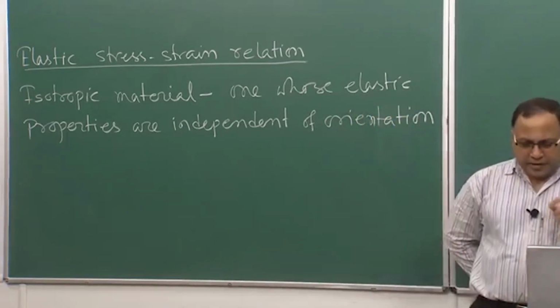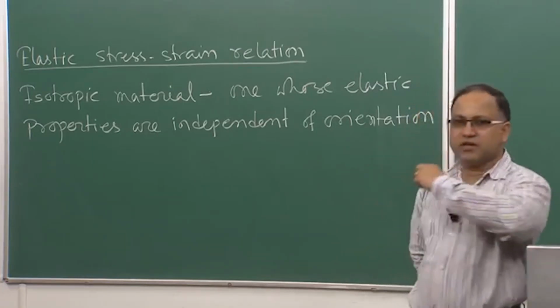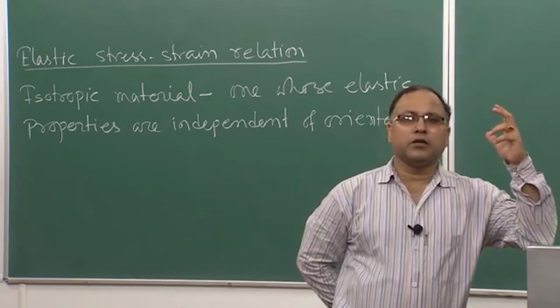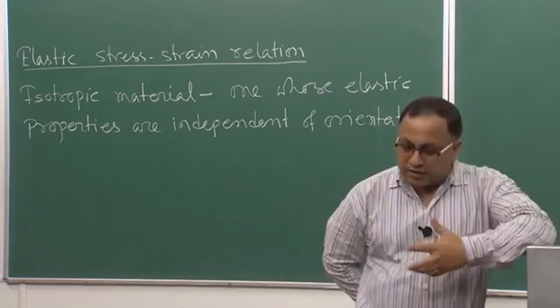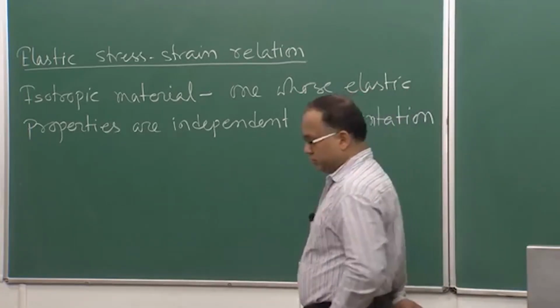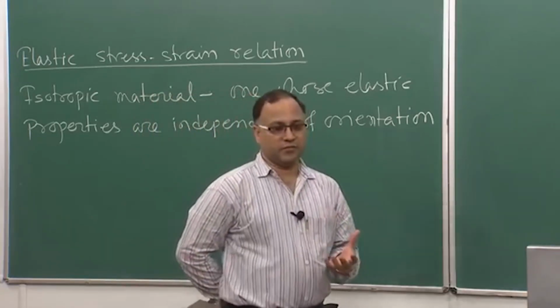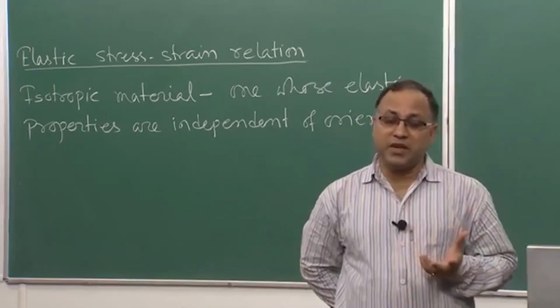Now, before establishing the relation between stress and strain, we should know whether applying normal stress causes any shear strain or not, or whether applying shear stress causes any normal strain or not. What does it mean?